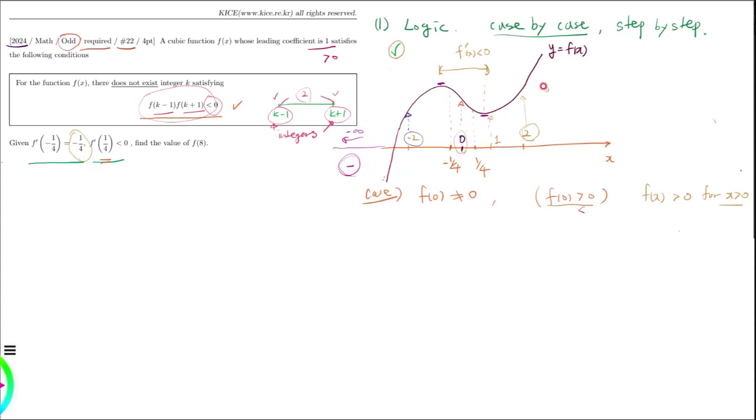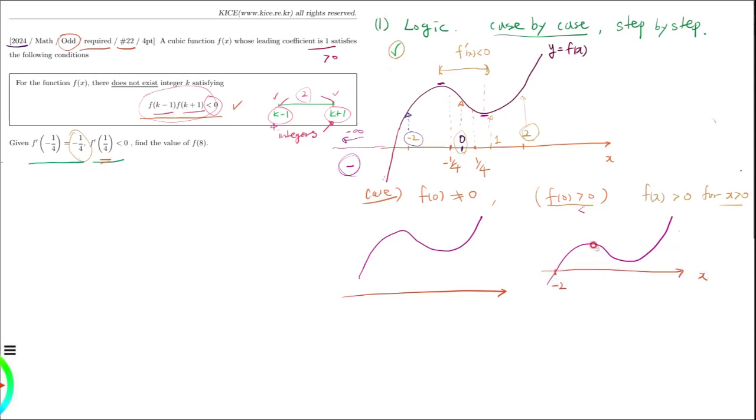It becomes negative here. So I have two cases. Either f of negative 2 takes a positive value, or f of negative 2 takes a 0 value here.